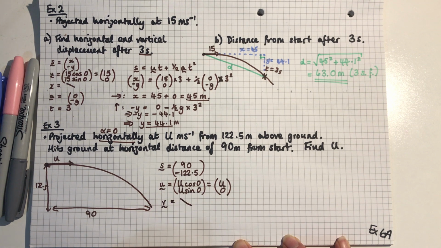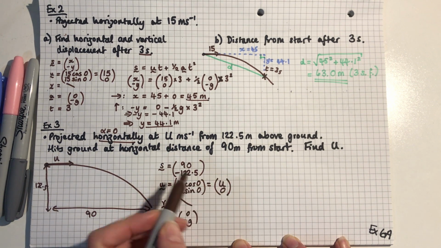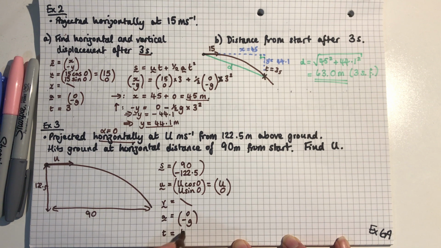We're not interested in V, don't need to know what speed I'm going at when I hit the ground. We are interested in A because we know it anyway, so that's 0 minus G. And the time doesn't tell us.